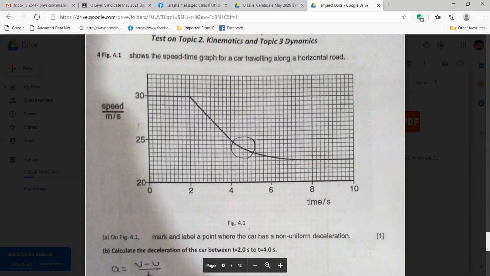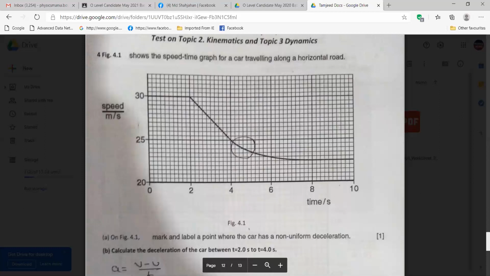Sometimes it happens that you only mark but do not label, so you lose one part of the answer. There is no option in Cambridge to give a partial mark. That's why you will lose the mark, as it is clearly mentioned, mark and label.